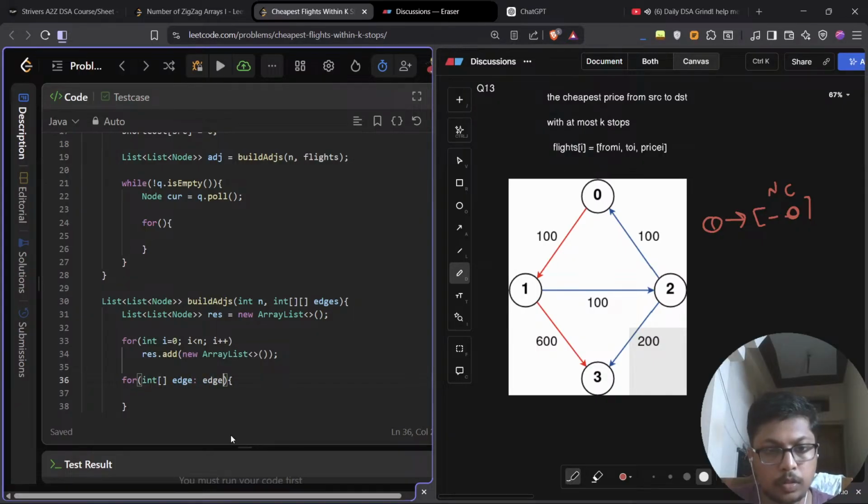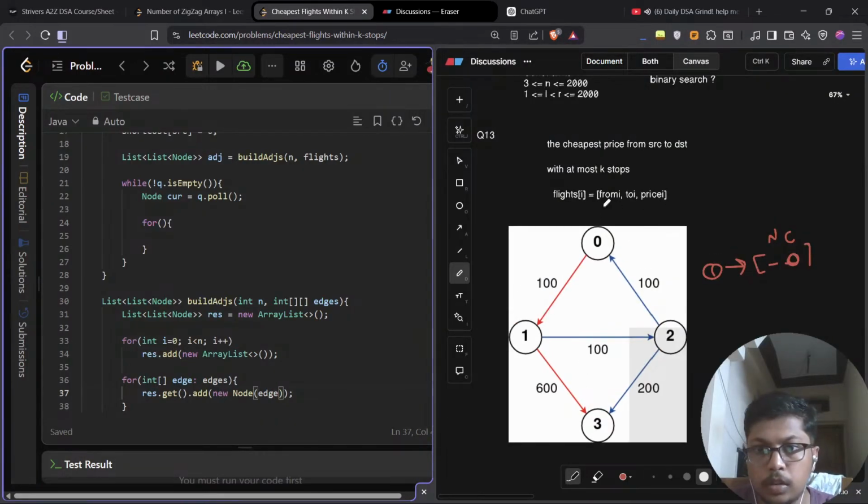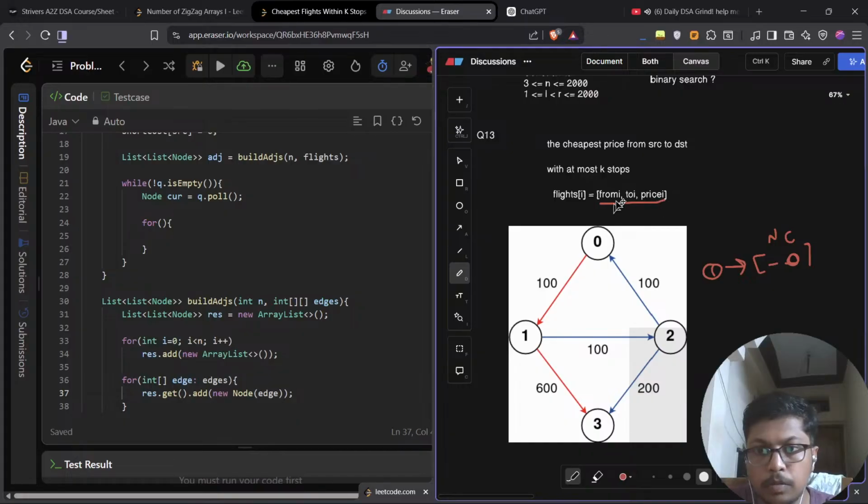Which edges? What I would try to do is access it first. Then try to add what I need to add. I need to add both the node and the cost. So I will use this class. Carefully see here. First index would be from.